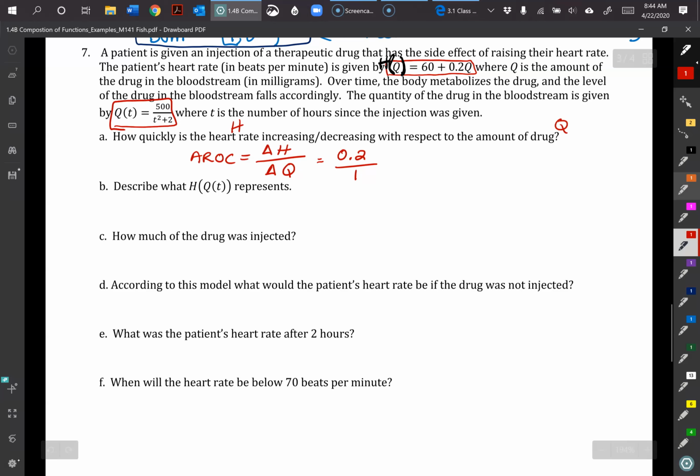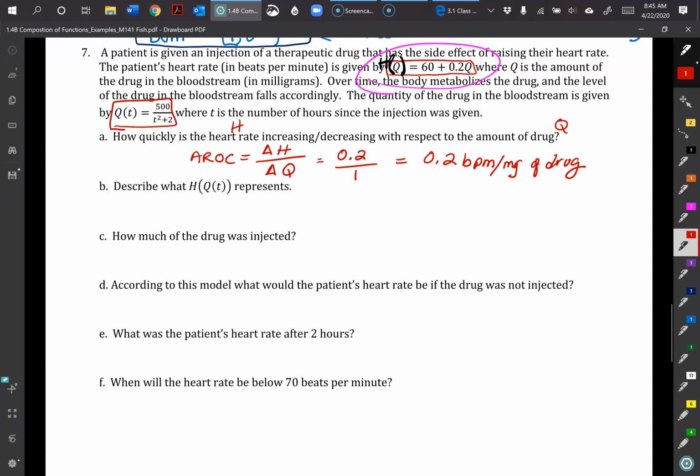We're just using the H function right now. So that is our slope, our rate of change. So it's 0.2 beats per minute per milligram of drug. Okay. Describe what H of Q of T represents.